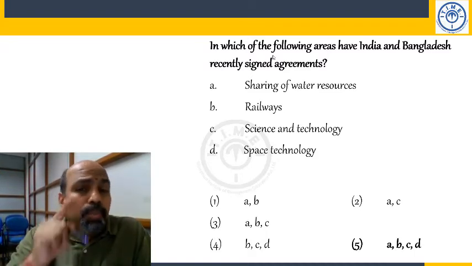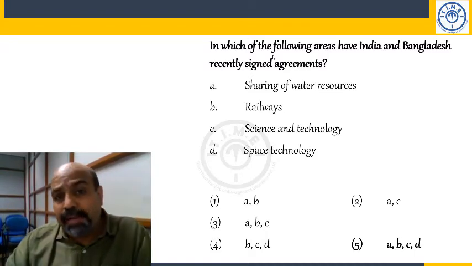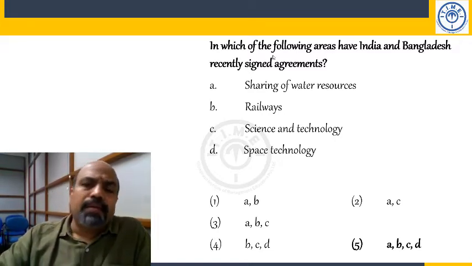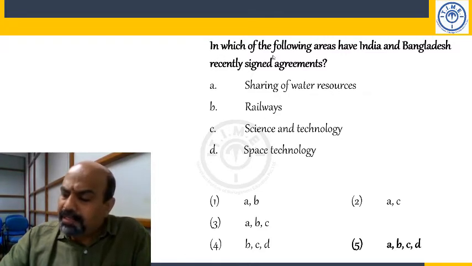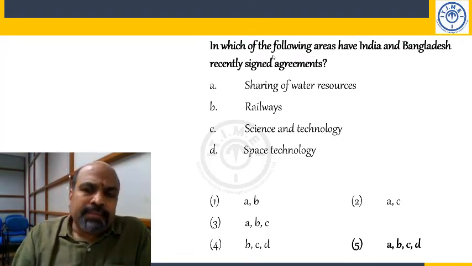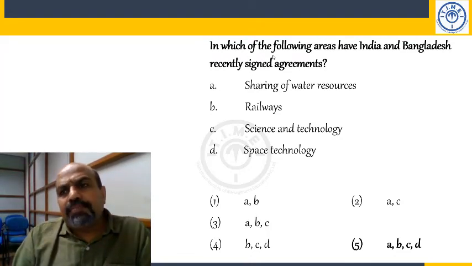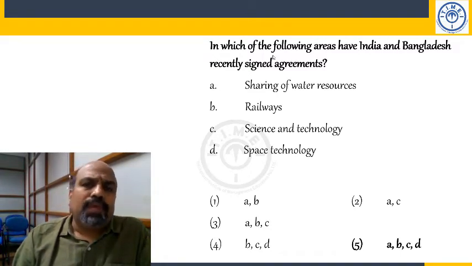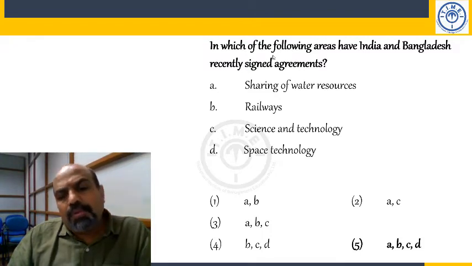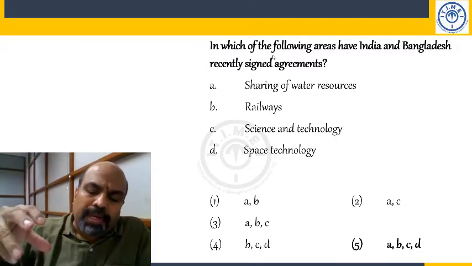Let me bring in two infrastructure plants that were inaugurated. One, Maitri Power Plant, Unit 1, at Rampal, and second, the Rupsha Rail Bridge.